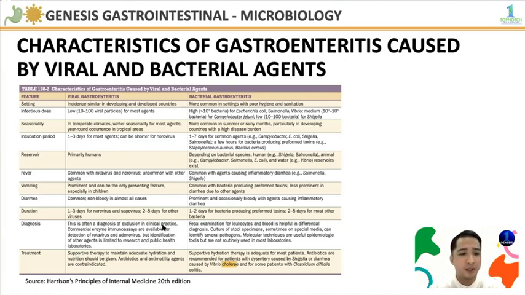In terms of management, because viral gastroenteritis is self-limiting, the management would be supportive, and antibiotics and antimotility agents are usually contraindicated. For bacterial gastroenteritis, of course, you have to provide supportive nutrition and hydration, and most likely antibiotics will be recommended in the management of dysentery, for example Shigella, or diarrhea caused by Vibrio cholerae, in order to shorten the duration of the disease process.